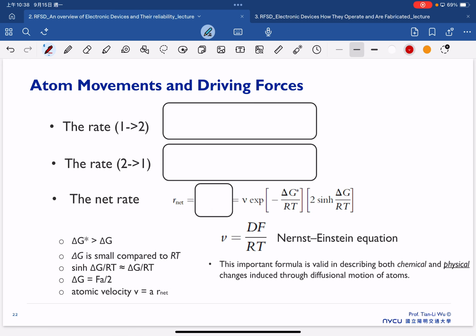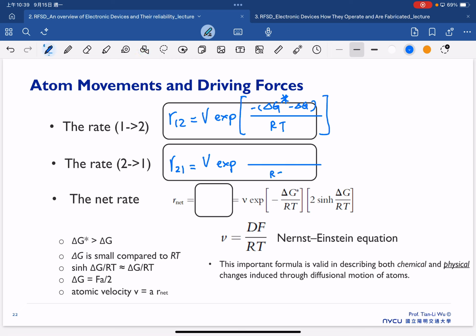So the rate from site 1 to site 2 we can estimate: R12 is equal to V exponential of minus delta G star minus delta G over RT, and the same for the rate R21, which is V exponential of minus delta G star plus delta G over RT.